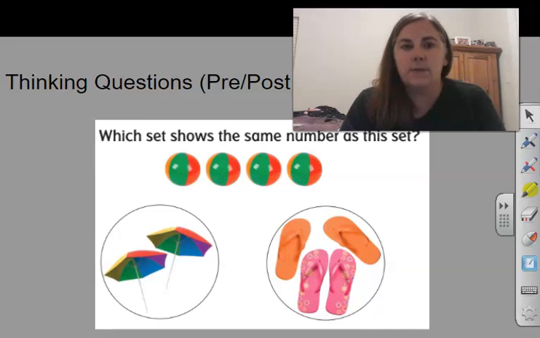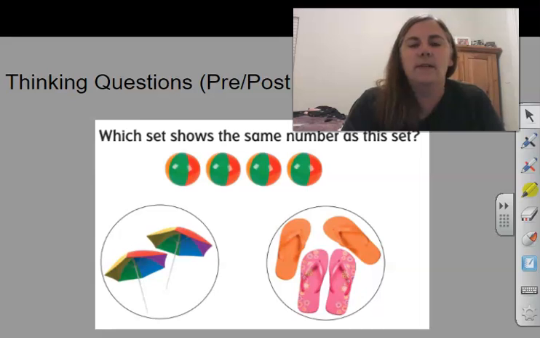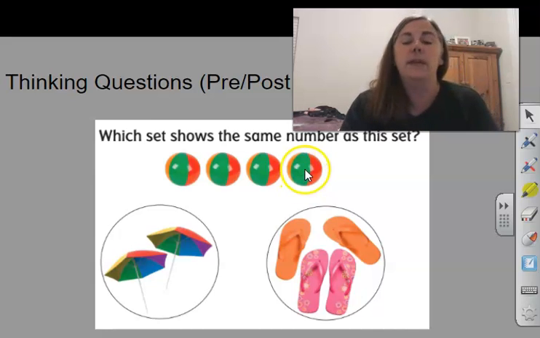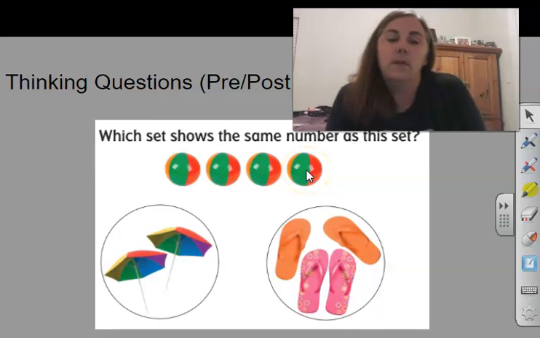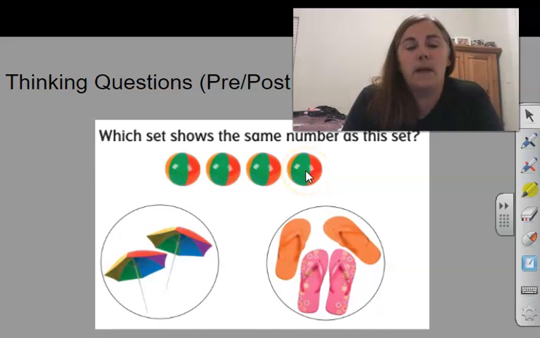All right, let's listen to this question. Which set shows the same number as this set? If we look at it a little bit closer, our top set shows 1, 2, 3, 4 beach balls. This might be something you play with at the beach or even in your backyard at home, or especially during the summer if you have a fun pool to go in. So again, there were 4.